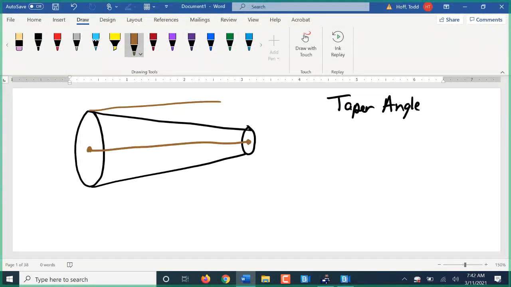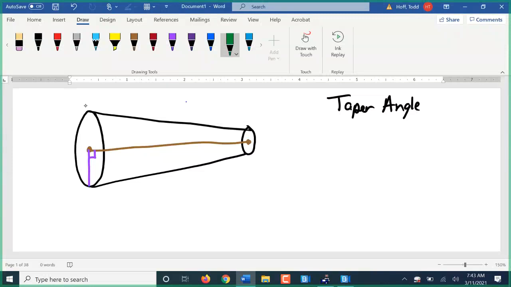And if you connected those centers of those circles with a line like I just did there in brown, that line would be perpendicular to any radius of either of those circles. That's called a right taper. So in other words, both sides of the taper, it tapers down equally in all directions. The circles, the ends are centered with each other.